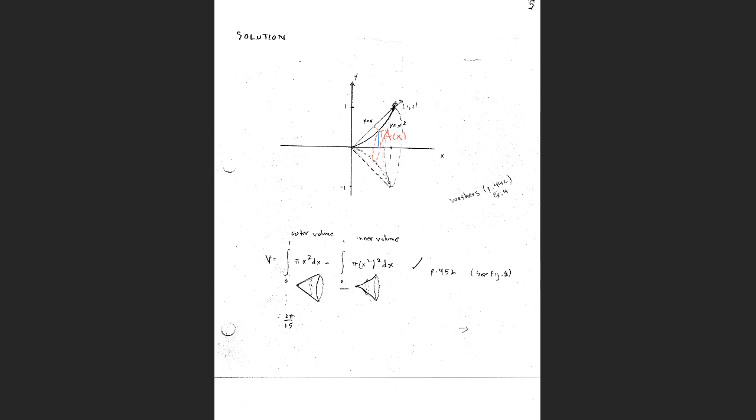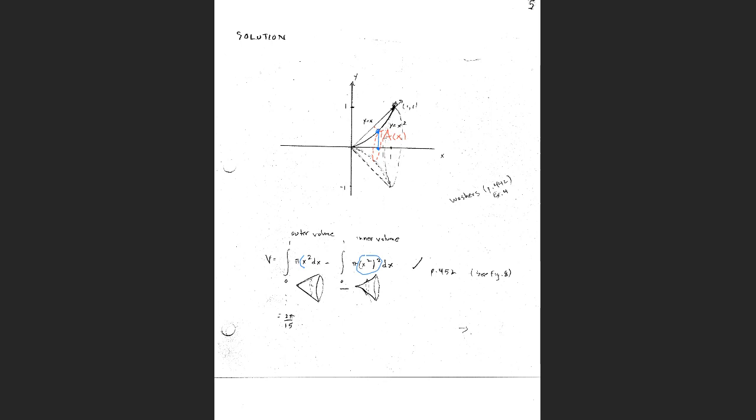Well, the radius goes from the x-axis to y equals x squared, and so the radius is x squared here. No, wait, I'm sorry, I'm looking at the inner volume. The radius is x squared, and you're going to square that.